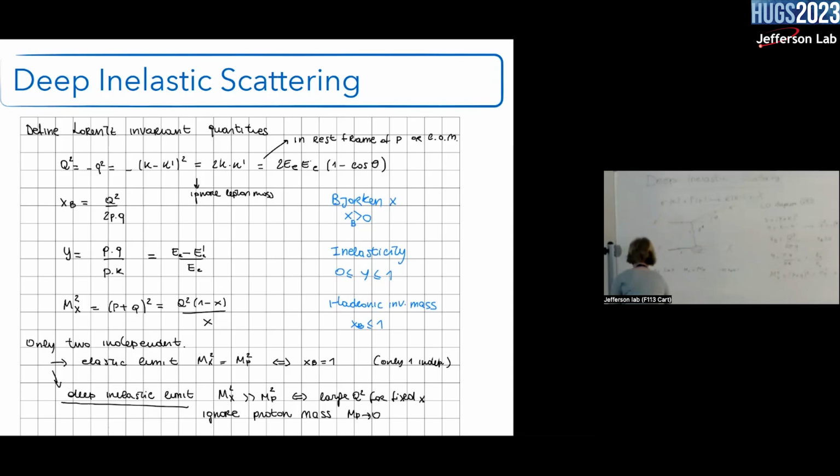And then there is the limit that we care about, which is the deep inelastic scattering, which is when M_X is much larger than the mass of the proton, okay?